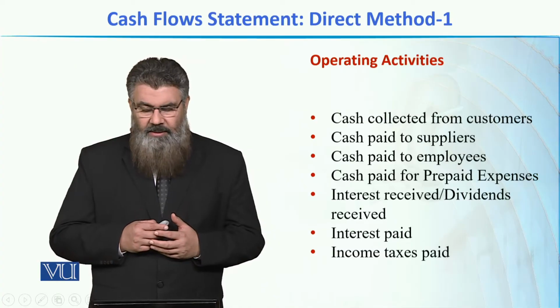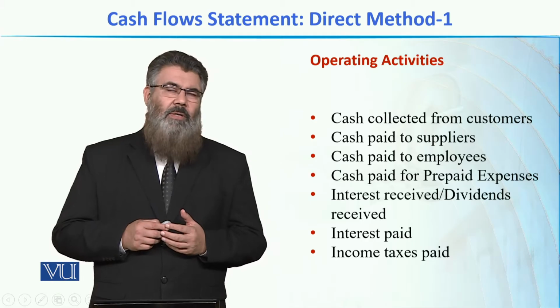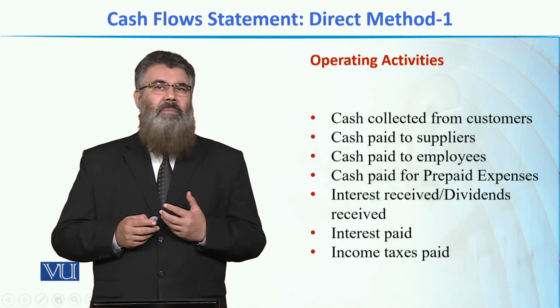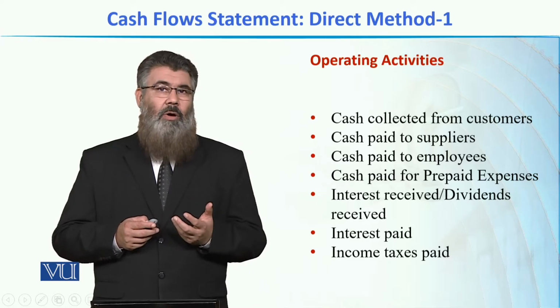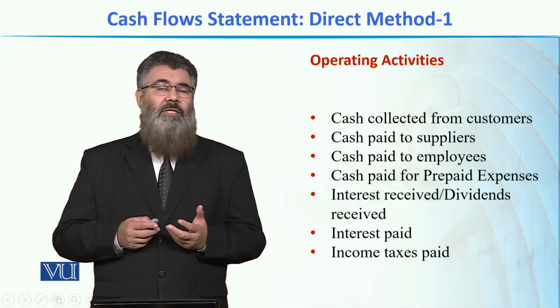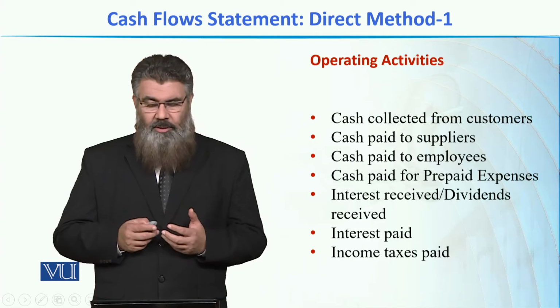The first one is cash collected from customer. So the amount of sales that we have made on credit and as on cash also. So we see how much cash has been collected from them, and we'll see how this amount is calculated.